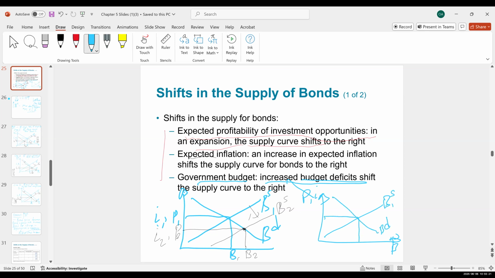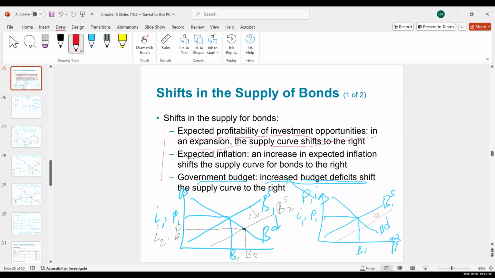So this is the initial equilibrium before the government increases the deficit, with equilibrium price P1 and interest rate I1. What I'm saying is that if the US government decides to increase its budgetary deficit, they're going to issue more bonds. The supply of bonds is going to shift to the right.